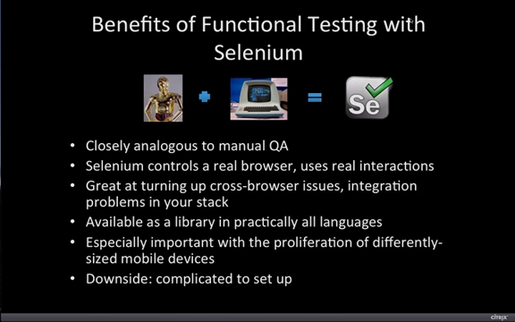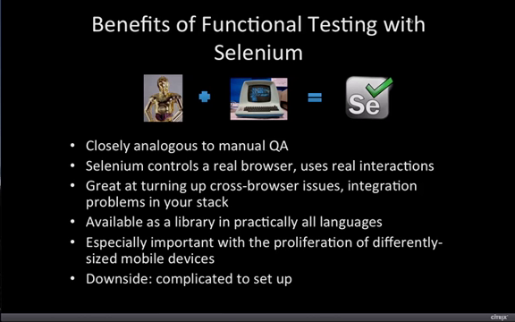I like to call the kind of testing we do with Selenium functional testing, in that it tests the very outer edge of your application. It tests exactly what your users are testing or experiencing when they're using your application. Because of that, it's really great at turning up cross-browser issues, for example, ways that different browsers interact with your application differently and unexpectedly sometimes.